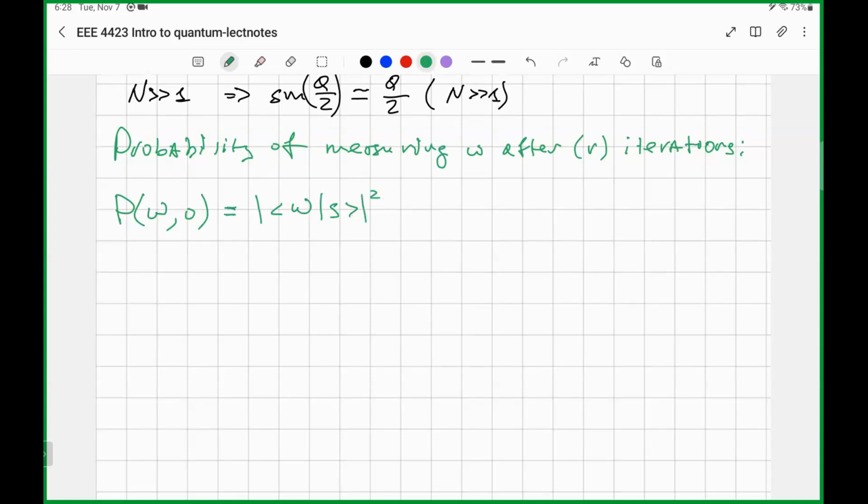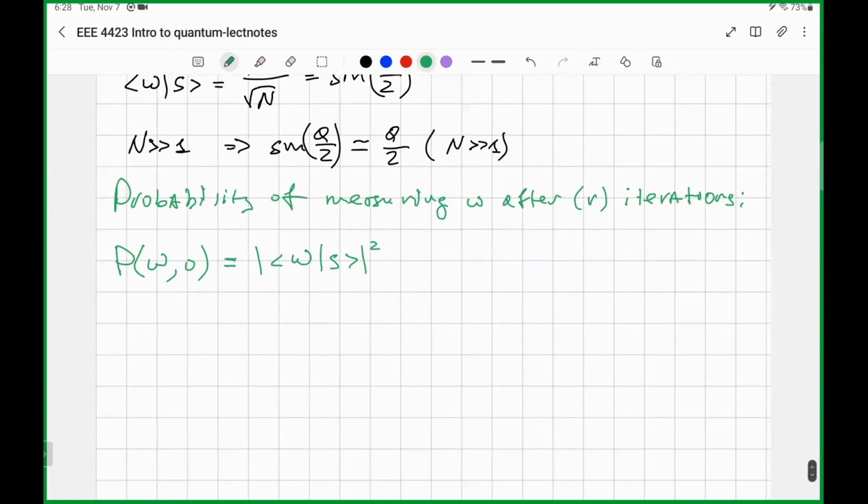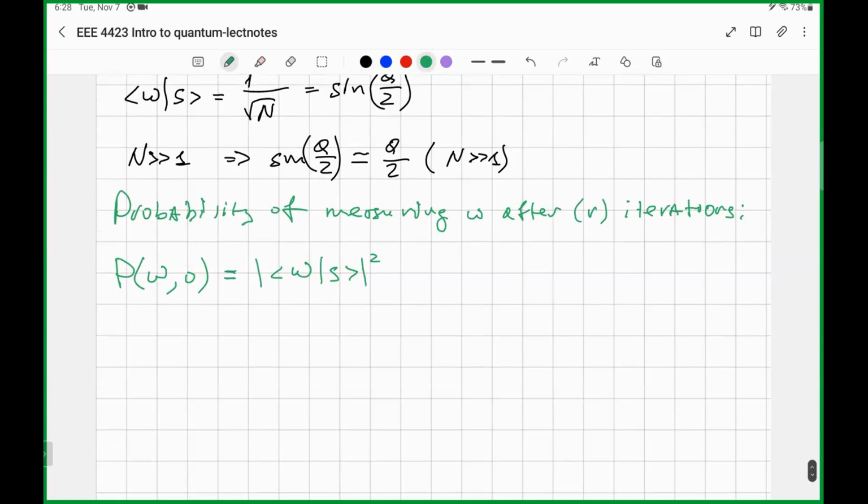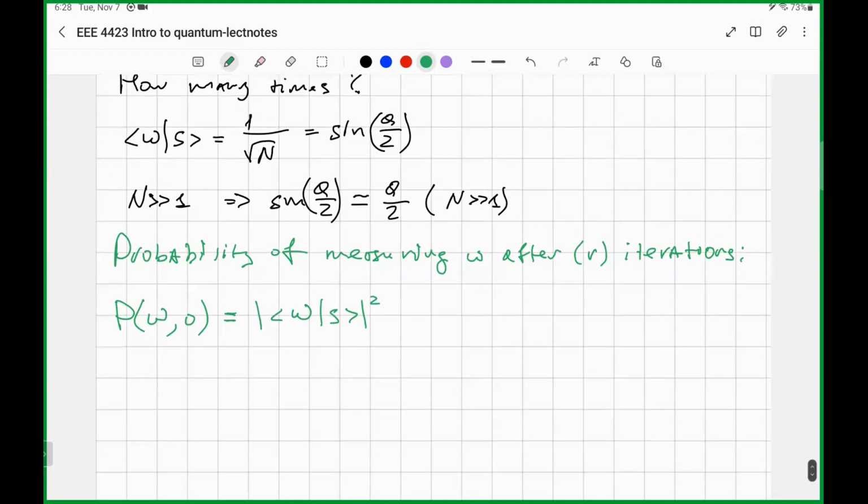So this is the probability of measuring omega after 0 iterations. And in our case, this projection is equal to 1 over square root of n. So the result is going to be 1 over n.